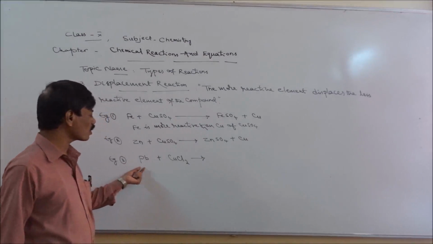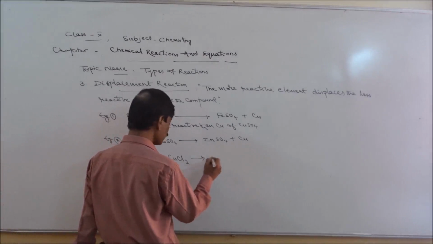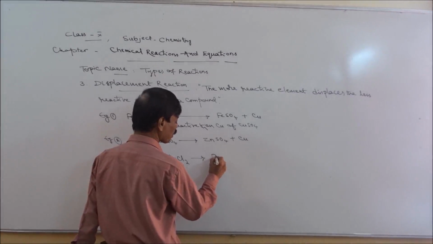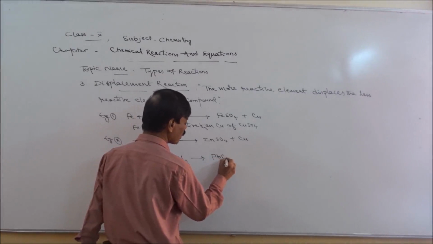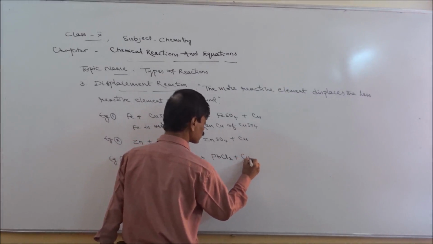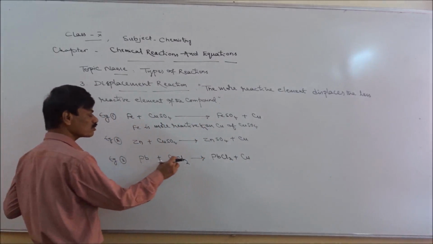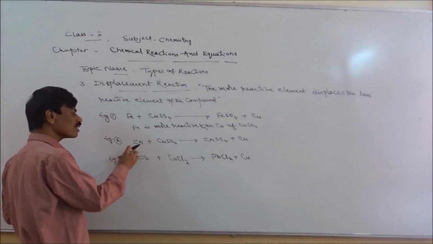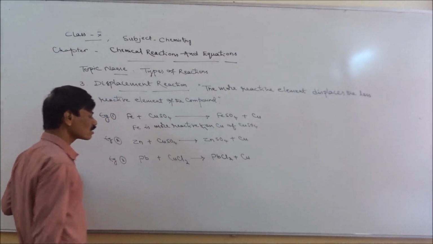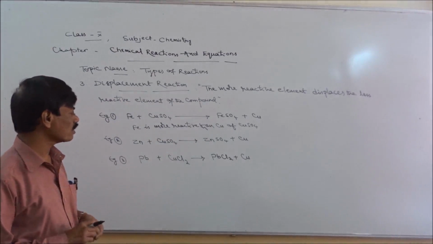Here lead is more reactive than copper. So lead will displace copper. As a result, we will get lead chloride plus copper. In the second example, zinc is more reactive than copper. Therefore, the displacement reactions have taken place.